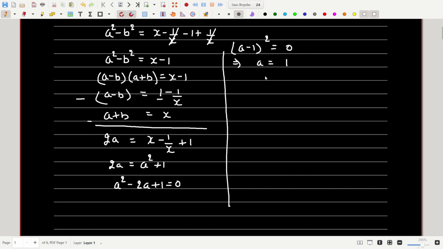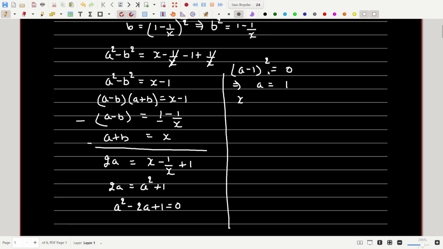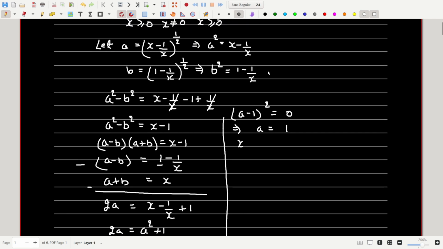Now a is equal to 1, which means (x minus 1 upon x) raised to the power 1 by 2 is equal to 1.